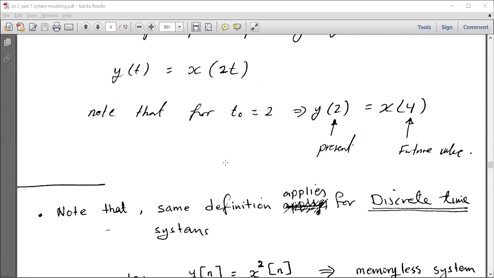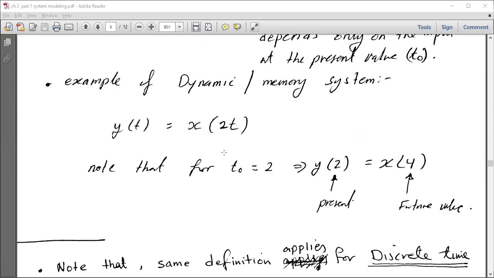Once more, to find whether a system has memory: if you need to process something, think of computer engineering, and you need values from the past to process something now, then you need memory.